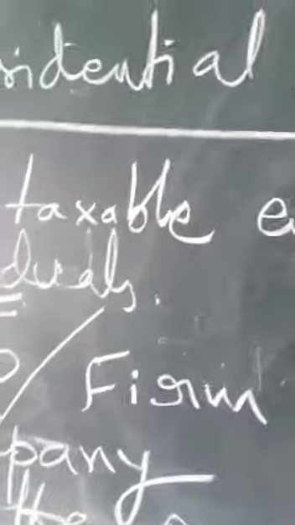Let me write the rest here. He is in India for a period of 60 days. See, earlier it was 182 days, but he is not there for 182 days. Okay, he is giving another chance.